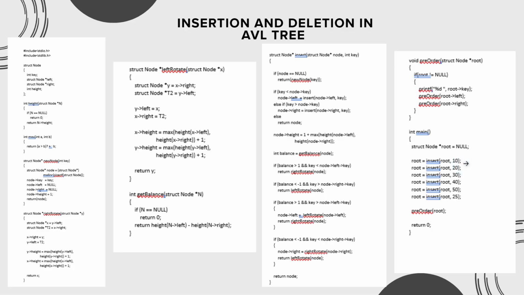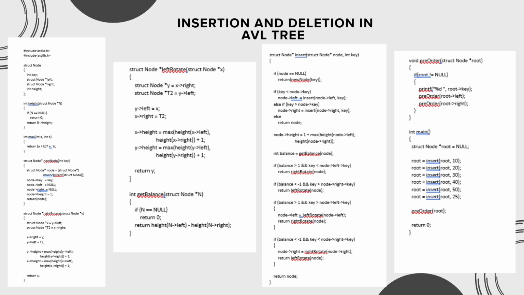So here we have this code or program. This code is an example of insertion, inserting nodes into an AVL tree and making sure the tree stays balanced.